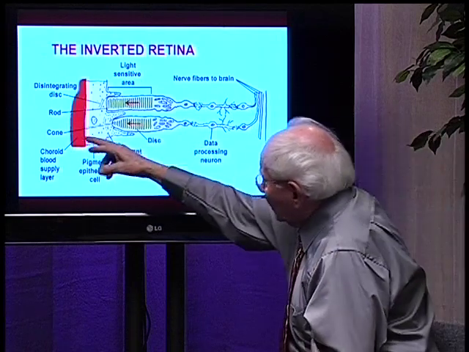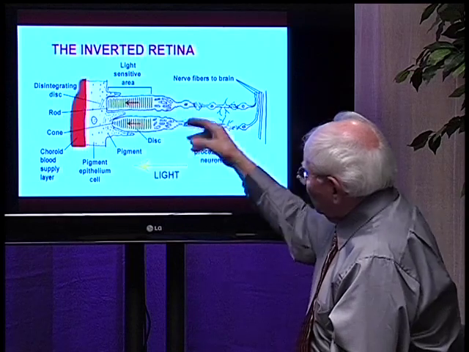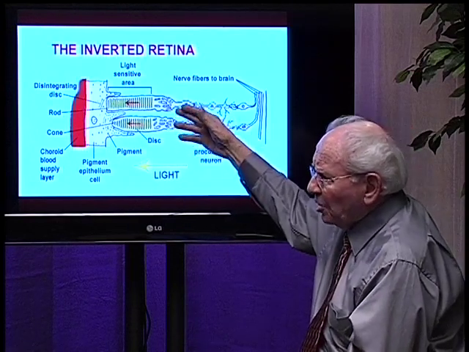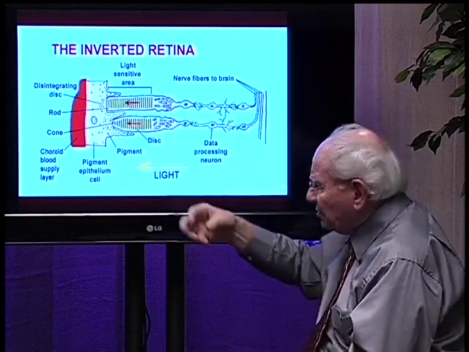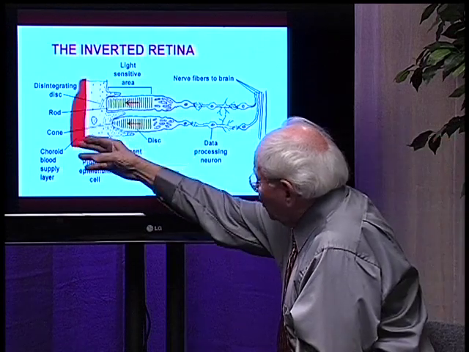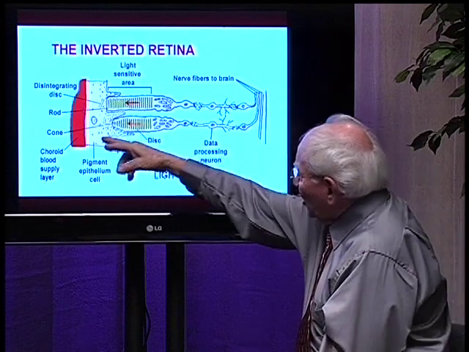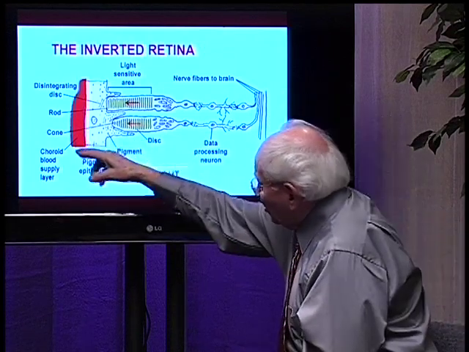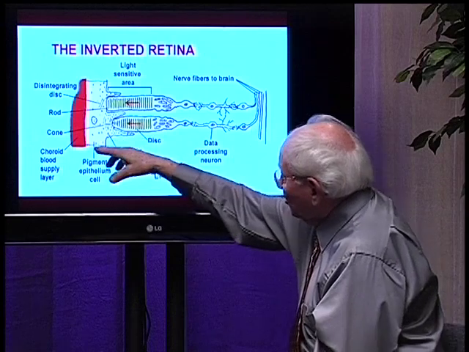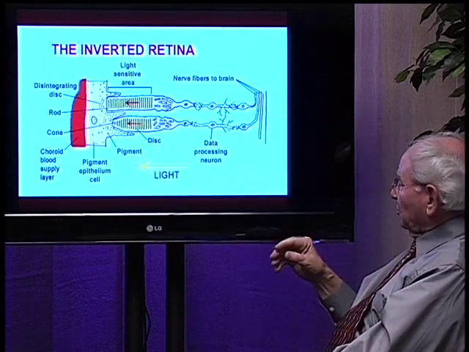Furthermore, we have this choroid blood supply here that provides nutrients. These are some of the most active cells we have in our body, constantly replacing this pigment there. But if you put the pigment epithelium out in front here, it has pigment. That would not be very good. If you put the choroid blood supply, which is so important to the pigment epithelium, out in front, again, you would not be able to see very well.